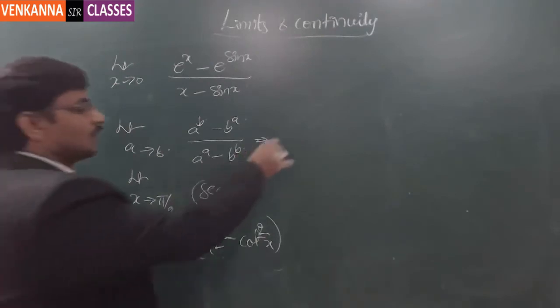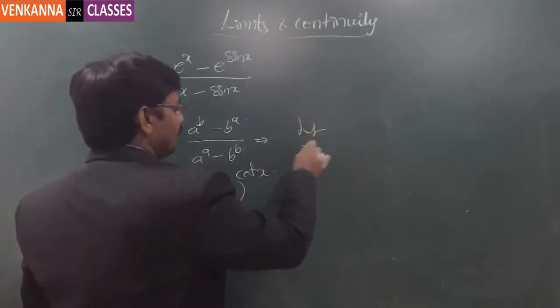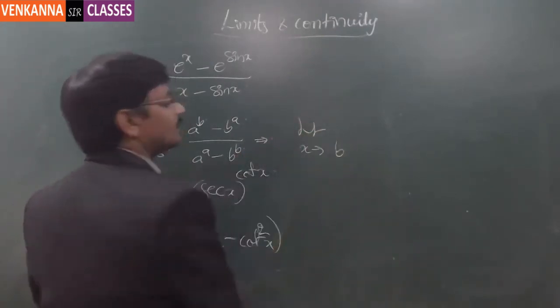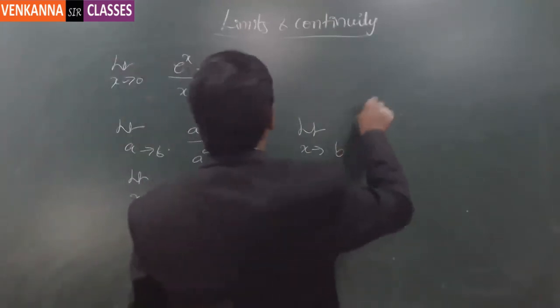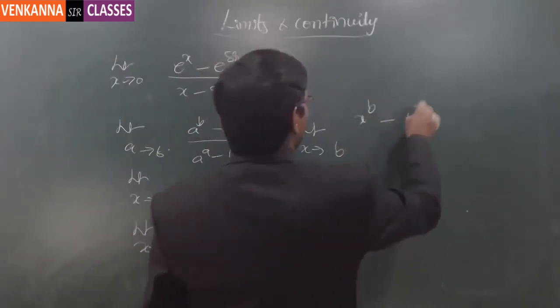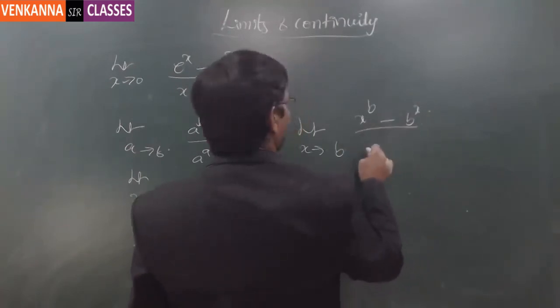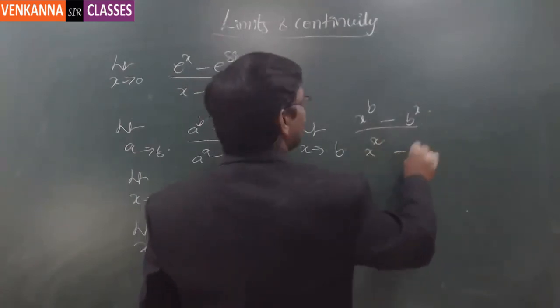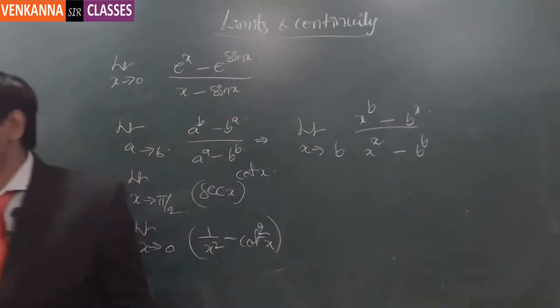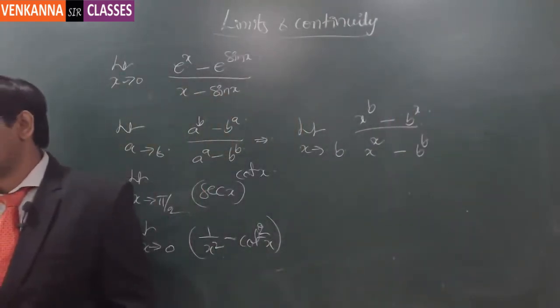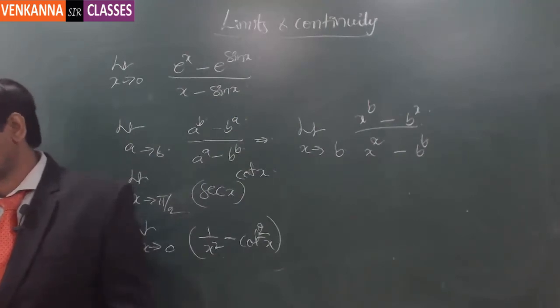Rather than that, if you convert this into this format, limit x tends to b rather than a, right? Limit x tends to b, then x power b minus b power x divided by x power x minus b power b. So this way it is convenient for you, but it conveys the same meaning. Now you will be able to solve it, right?